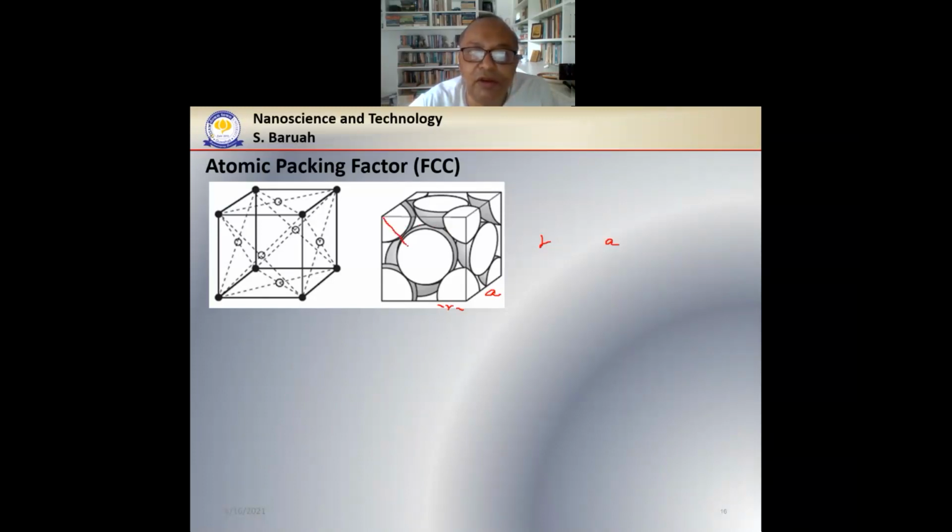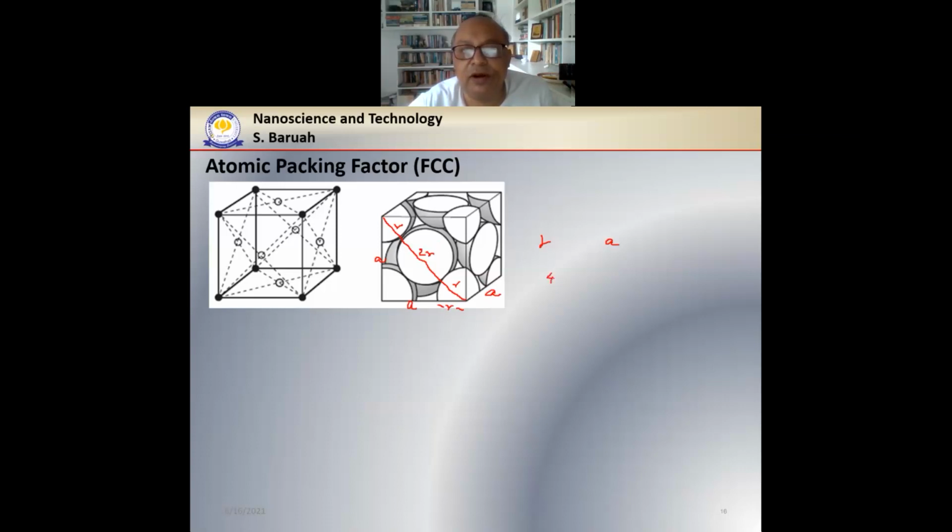So you see now, what is happening here? This is R, this is the diameter, so this is 2R and this is R. It makes it easy. And these of course are A and A. So again from Pythagoras theorem, what will we say? R plus twice R plus R, that is 4R.